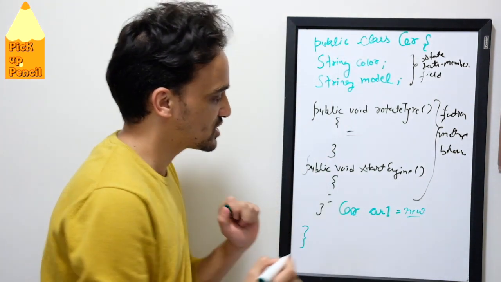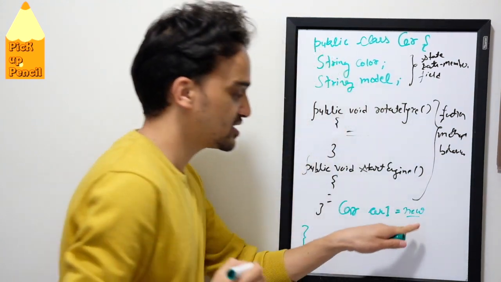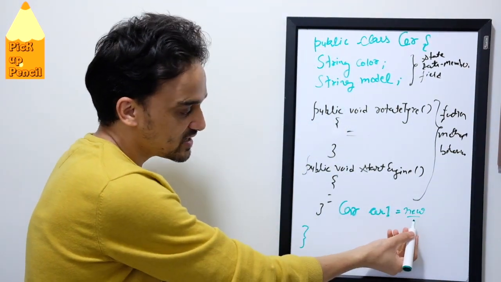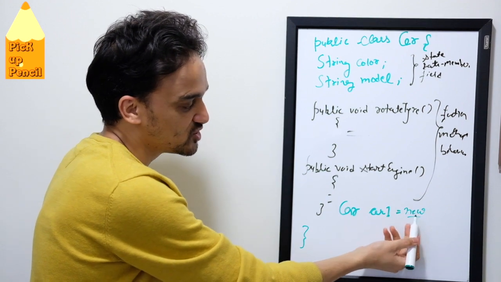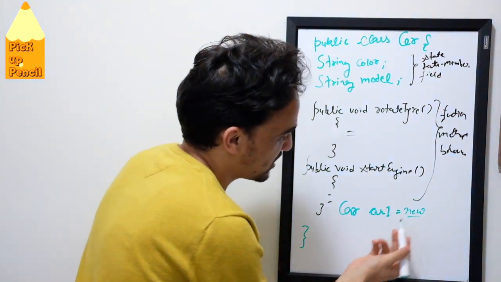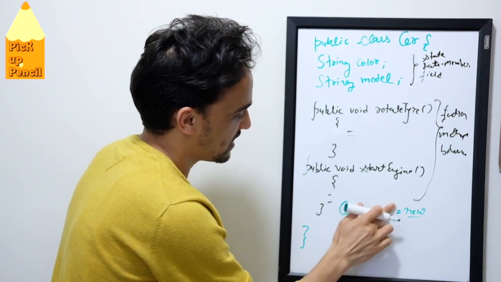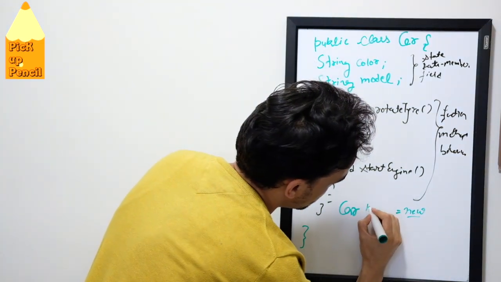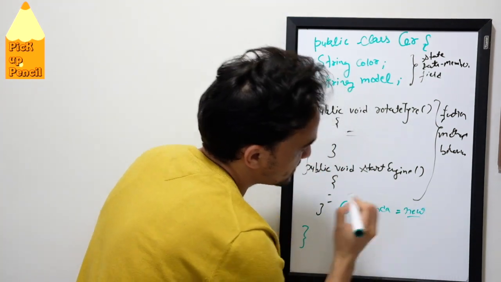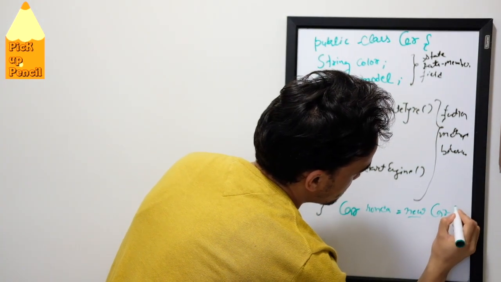Pay attention to this keyword here, new. This is very important. We create an object of a class with the new keyword. Instead of car1, I'll give a meaningful name, carHonda equals new Car.